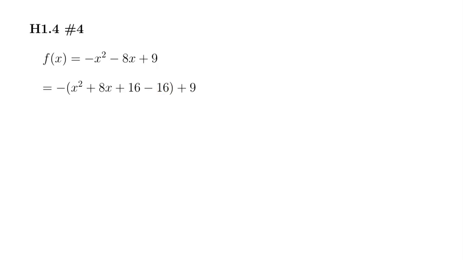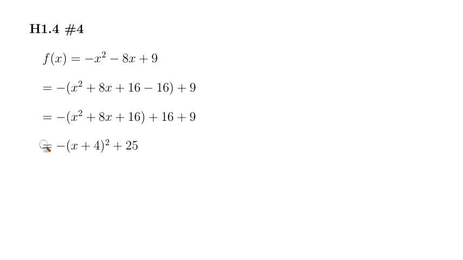So we get three terms together, but the negative 16 is kicked out and turns into positive 16. This part we can write as x plus 4 quantity squared, and 16 plus 9 is 25. So we can complete the square this way.